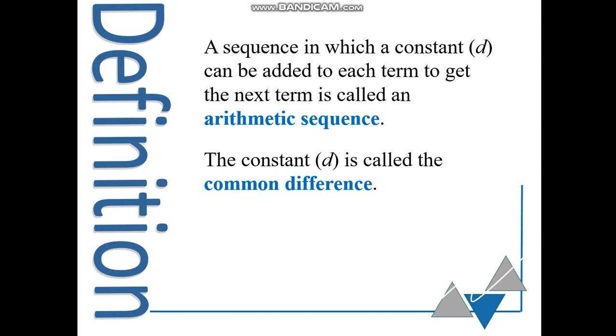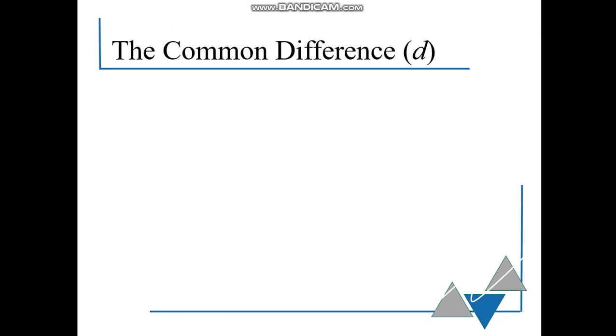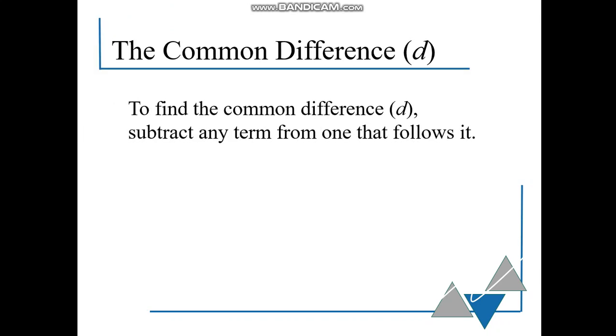And the thing that we add stays constant every time, and that constant is called the common difference and abbreviated with a D. Now, if we're adding, it seems weird it's called a difference, but we find this difference by subtracting.